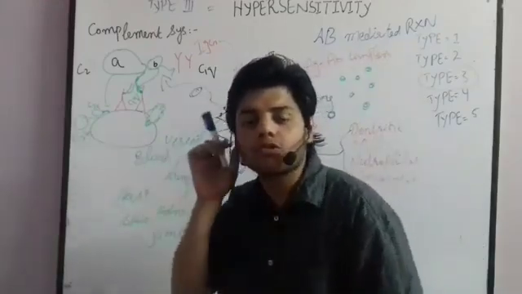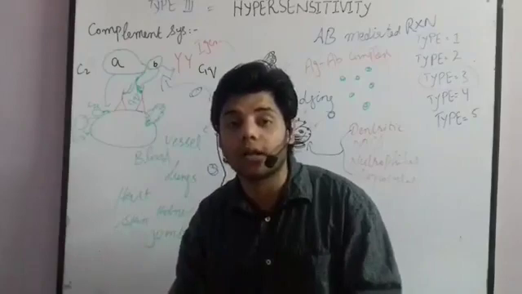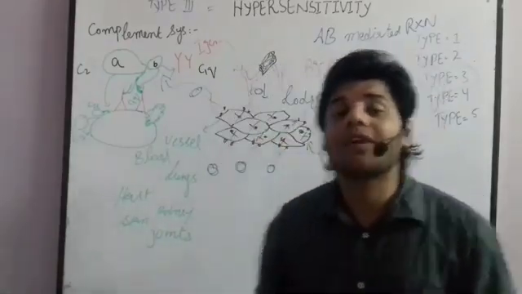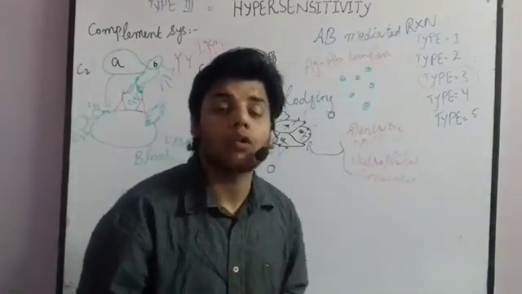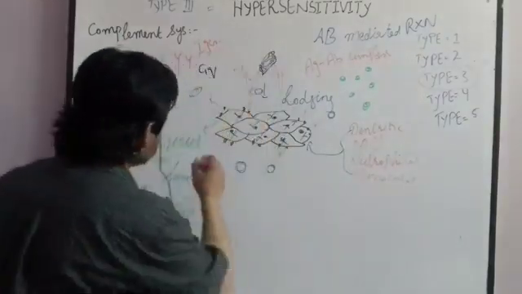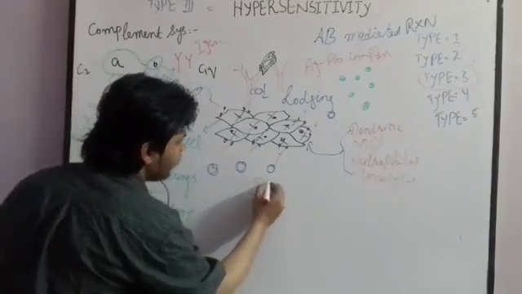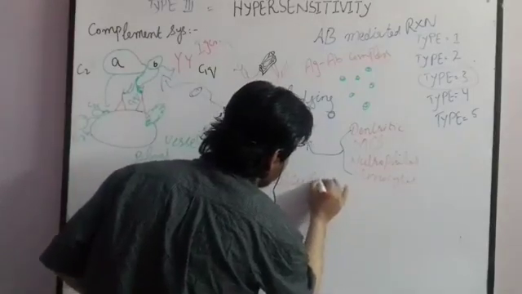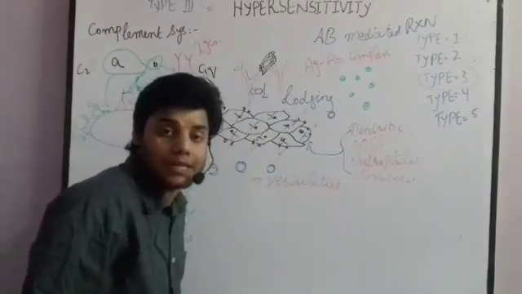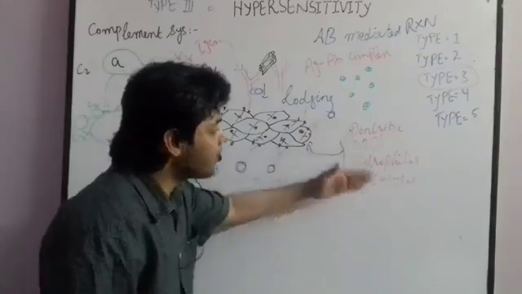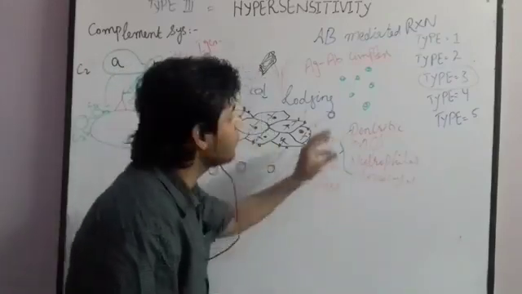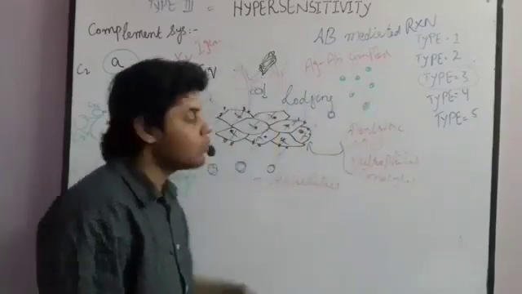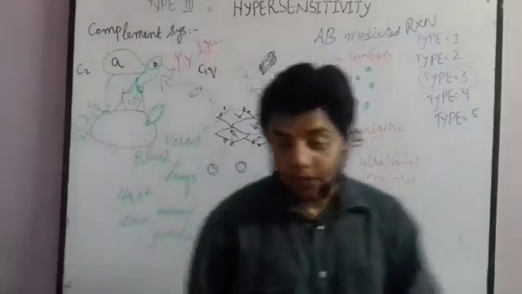When they destroy the blood vessel tissue, they will cause inflammation of the blood vessel, which we call vasculitis. So the inflammation of the blood vessels due to these dendritic cells, neutrophils and monocytes, due to these fragments of the complement system, we call vasculitis.